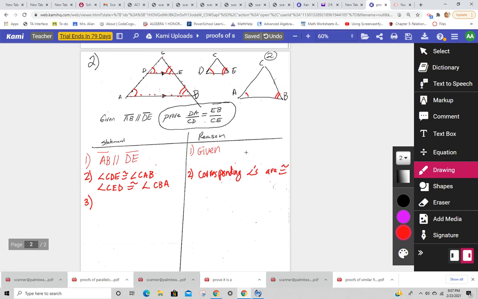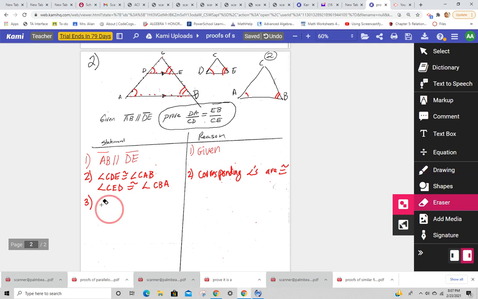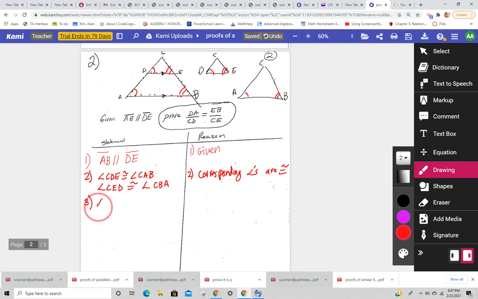So by the angle-angle similarity, these two triangles are similar. So we can write that statement. Triangle CDE is similar to triangle CAB by the angle-angle similarity theorem.